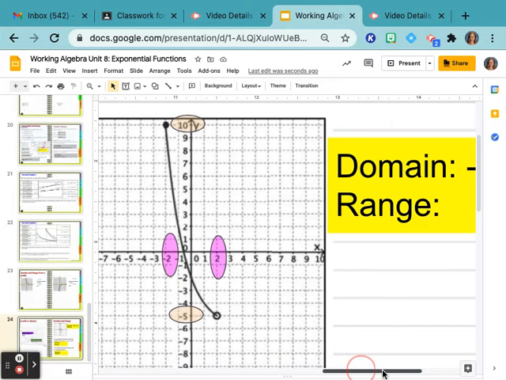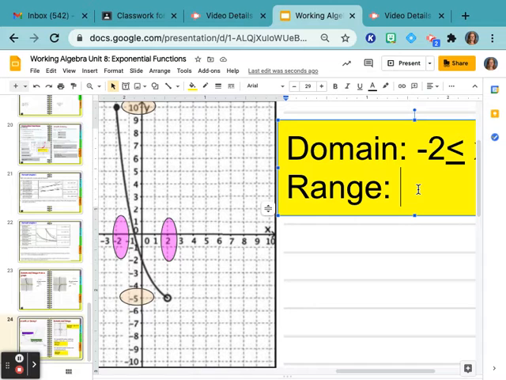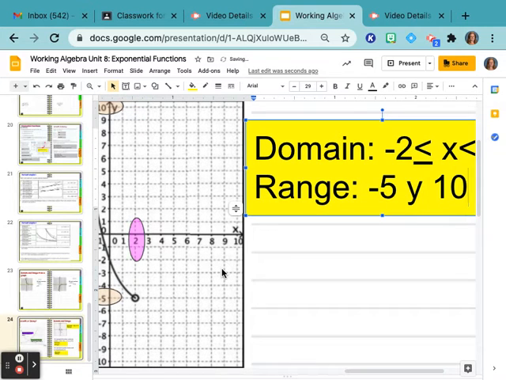So since we're dealing with range, we know that's the y values because we're looking at the y-axis. So the y values are between, what's the lowest? -5. What's the highest? 10.